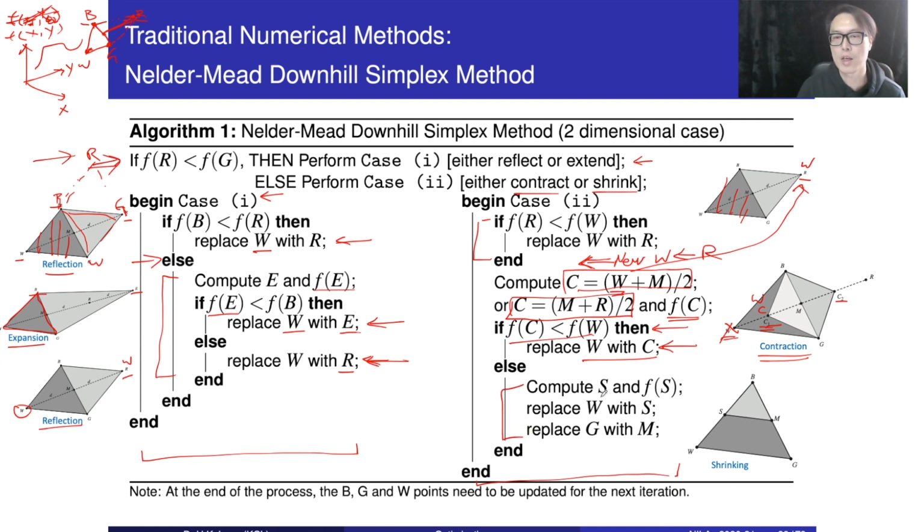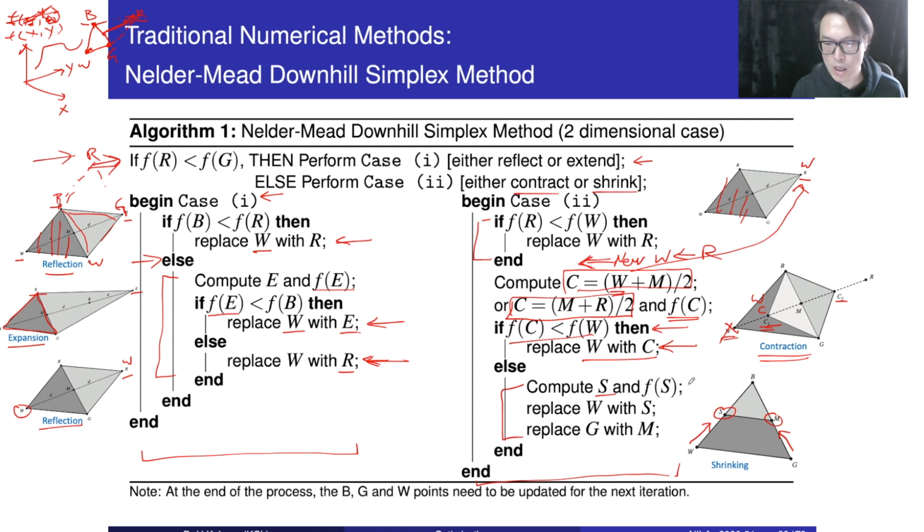We are going to compute S and then shrink, replace W by S and replace G by M. So that means we are going to shrink W and G toward the best point. That is the last resort, because at the moment we cannot find any better point. So we believe that if we move all other vertices toward the best point position, we can improve the solution, because that is the only step we can do.